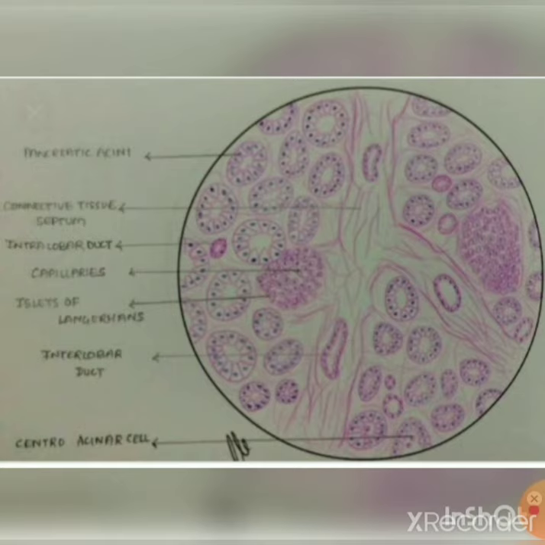Between the serous acini you can see intralobular ducts with cuboidal epithelium, and in the connective tissue, interlobular ducts with cuboidal epithelium, and between the serous acini you can see groups of cells, the aggregation of cells called pancreatic islets. So this is all about the microscopic view of the pancreas.